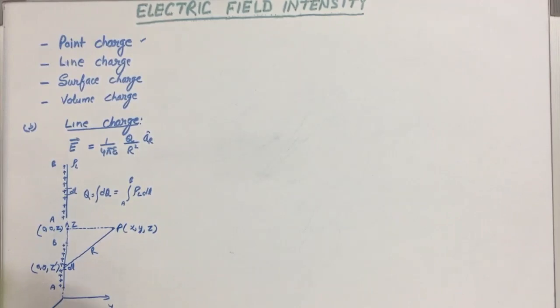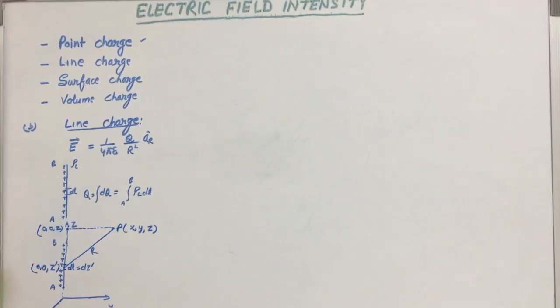So the final position is z, z dash, and the differential length in this case will be a small change in z, we can say dz dash.